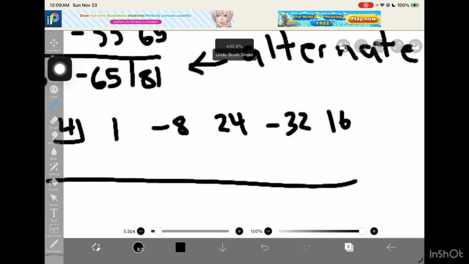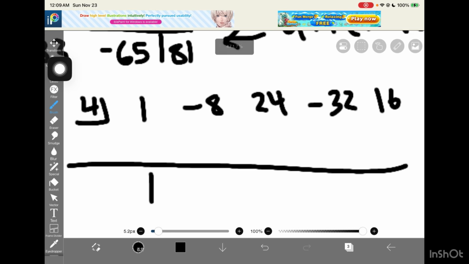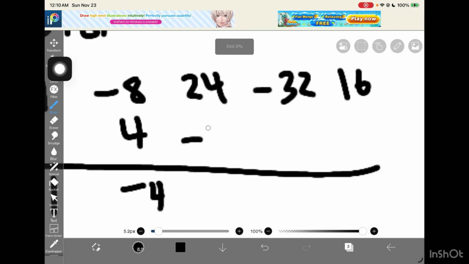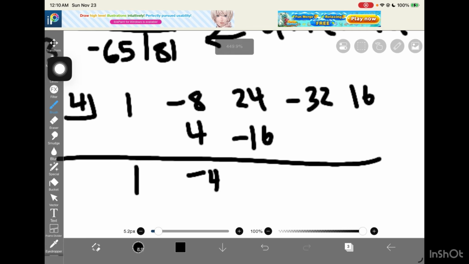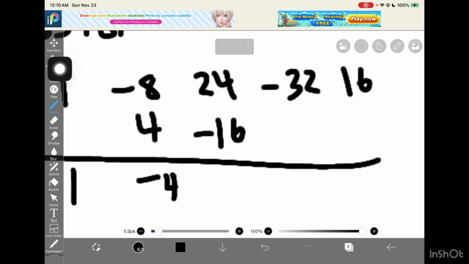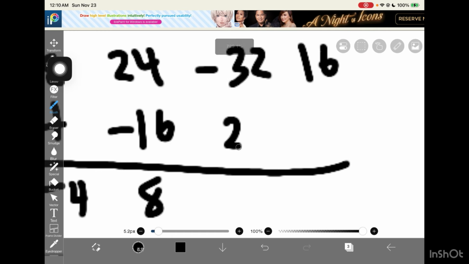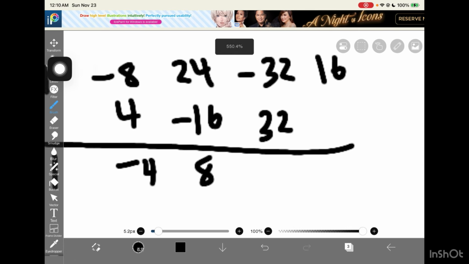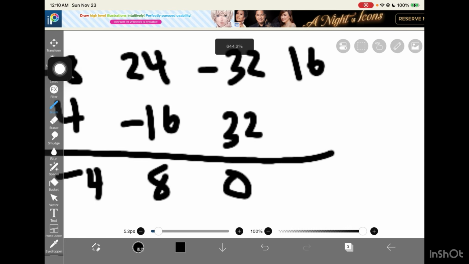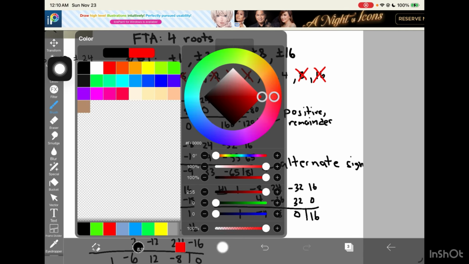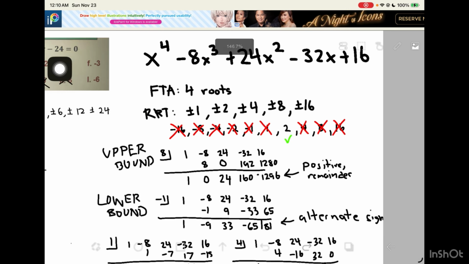Try again. 1, 4, then it becomes negative 4, then negative 16. 24 plus negative 16 is 8. 8 times 4 is 32. But this is 0. 0 times 4 is 0. And then 16. So 4 is not a root.